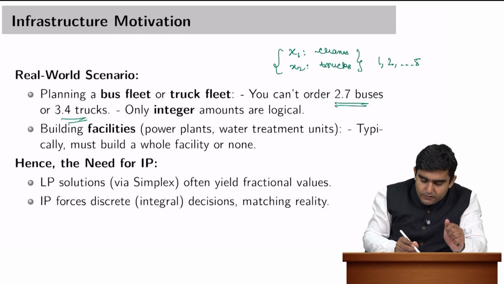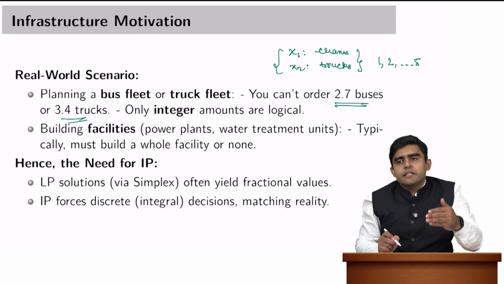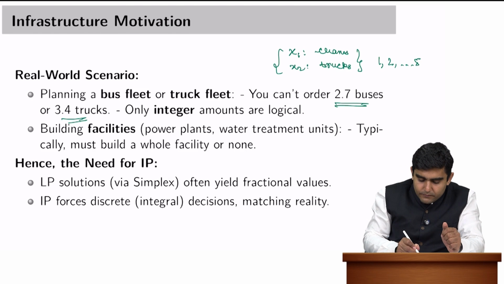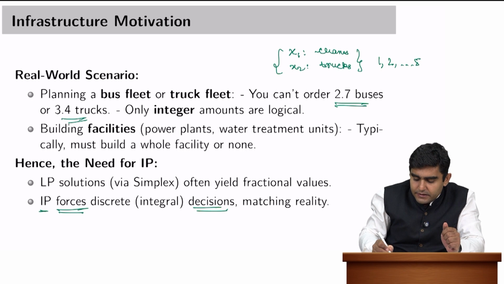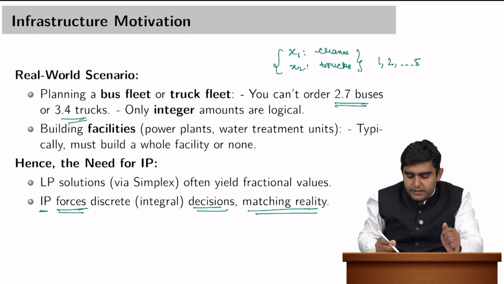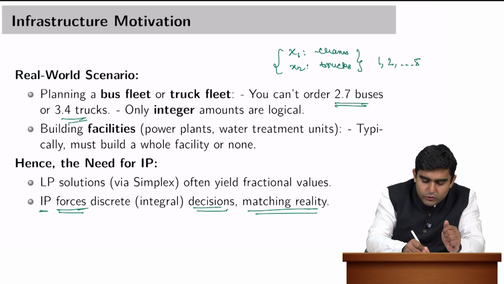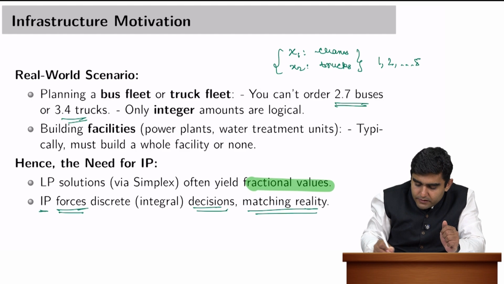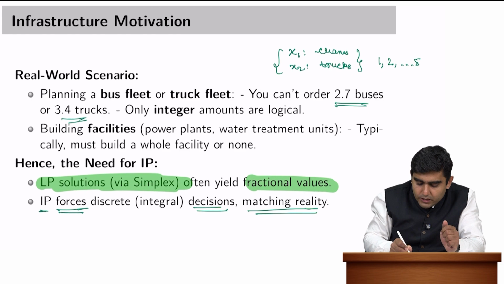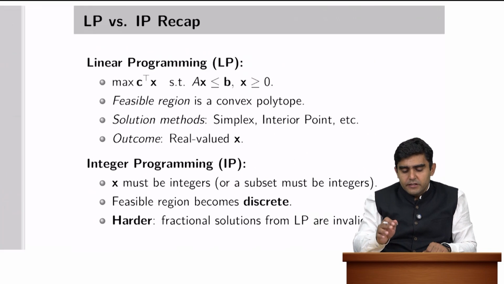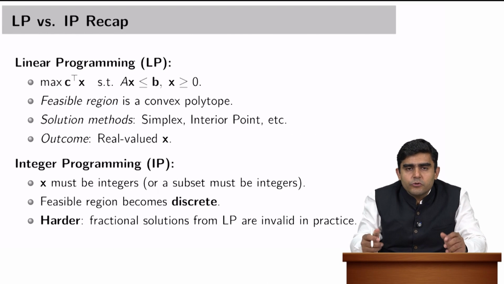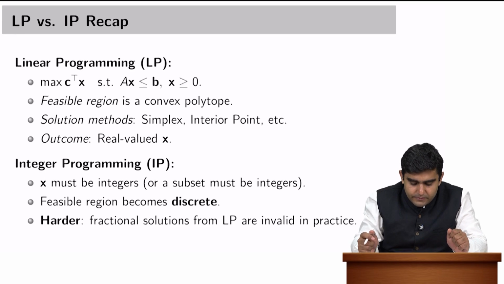So, once we are done with this integer programming exercise, we would notice that integer programming forces discrete decisions that match reality, because LP solutions are often fractional values, because there is no constraint in linear programming to produce a non-fractional, or integer, answer.